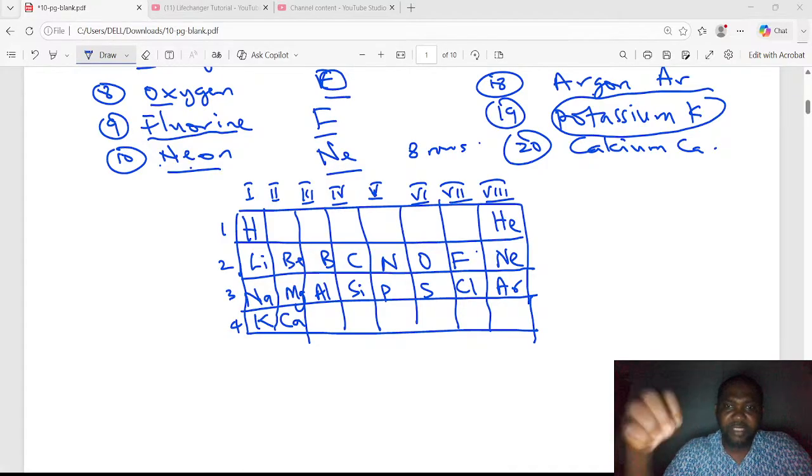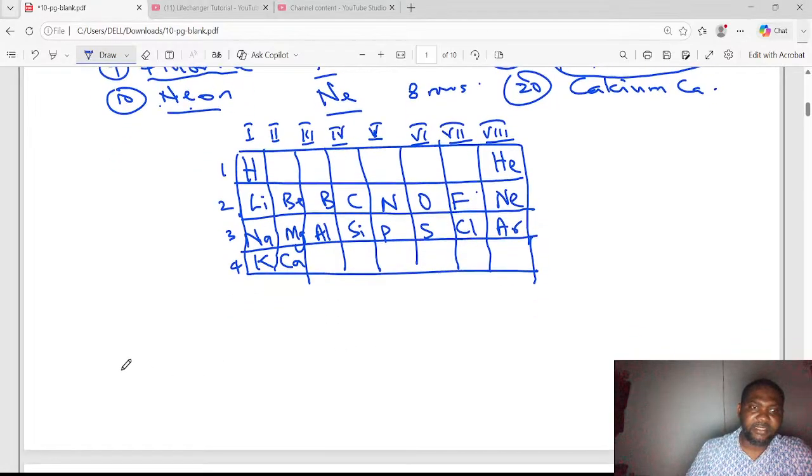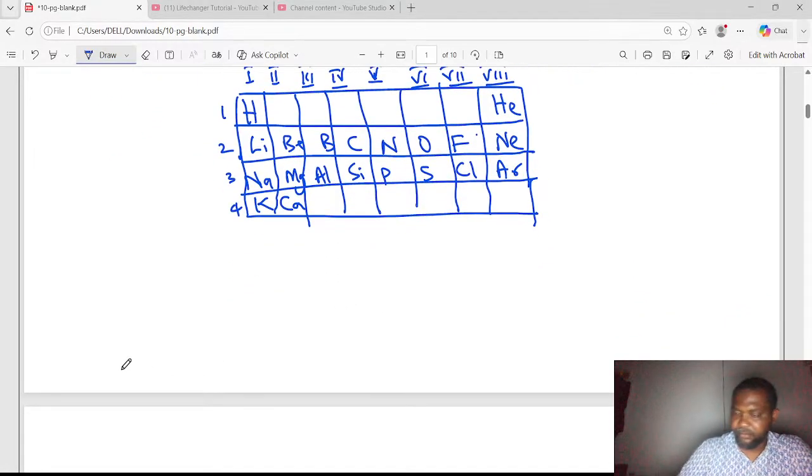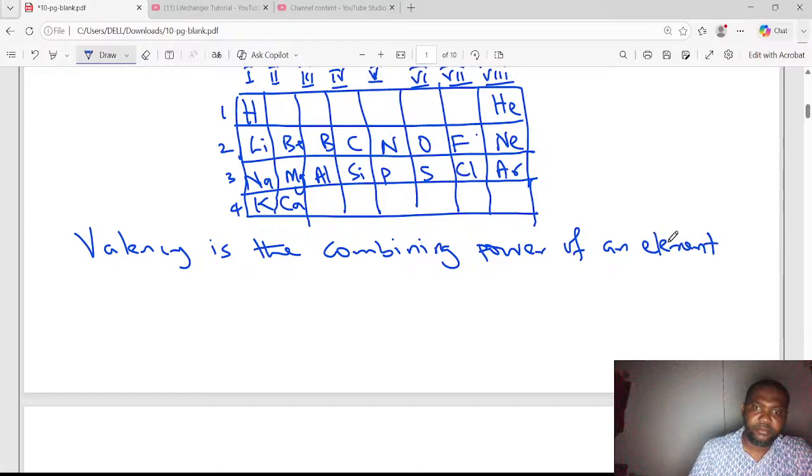So I want to say something about valency. Now, you can write that valency is the combining power of an element or radical.